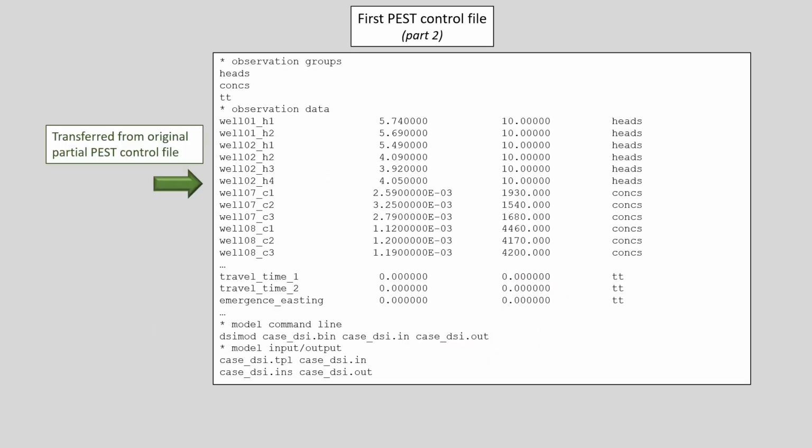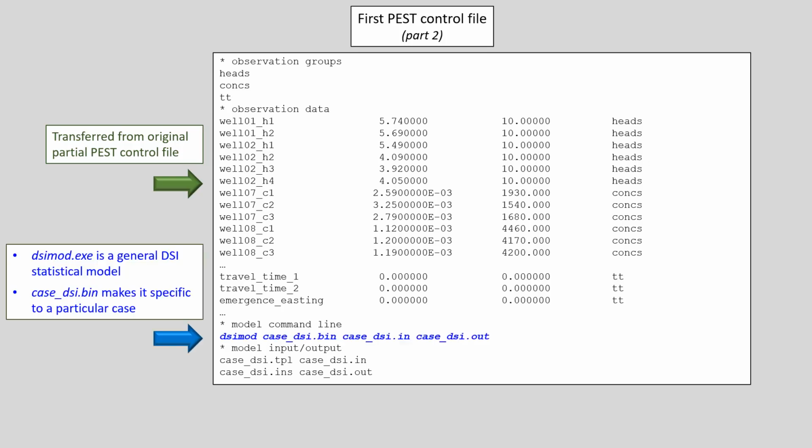The observation data section of this PEST control file, the contents of this observation data section are directly transferred from the partial PEST control file which we supplied to DSI2. Here's the command that PEST will use to run the surrogate statistical model. DSI mod, as we said before, is our general data space inversion statistical model. DSI mod takes arguments on its command line.